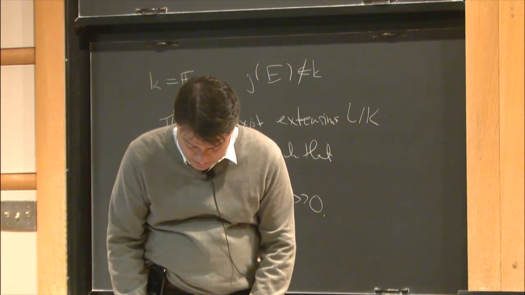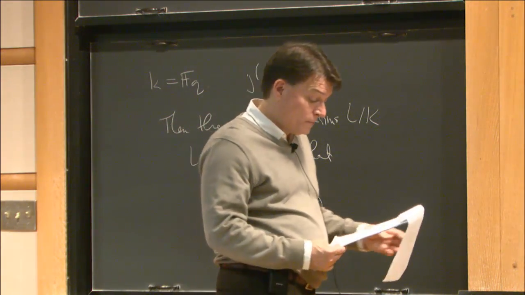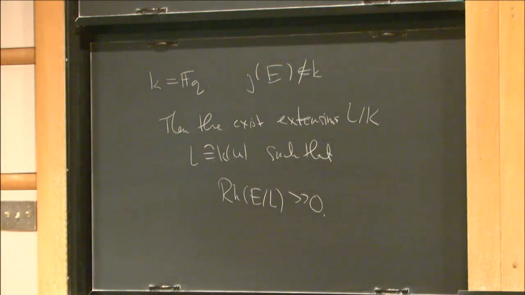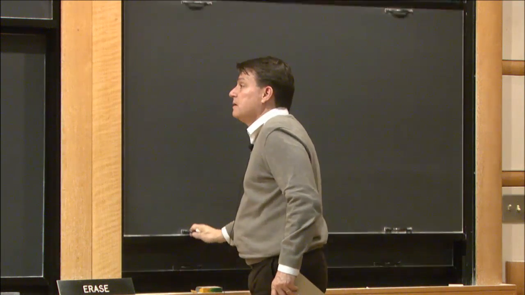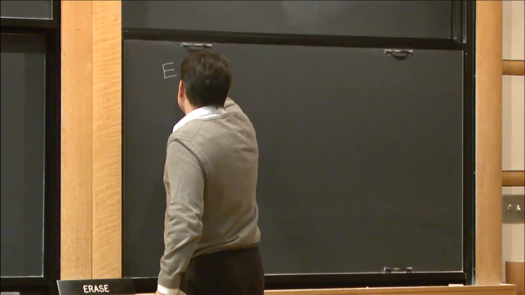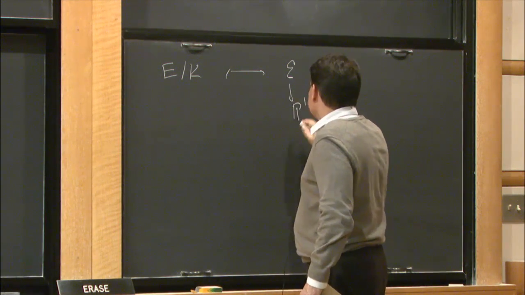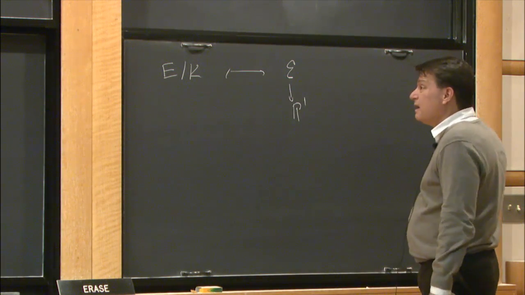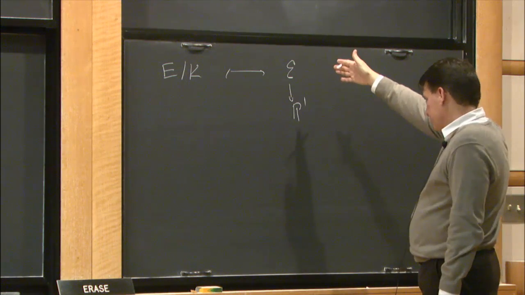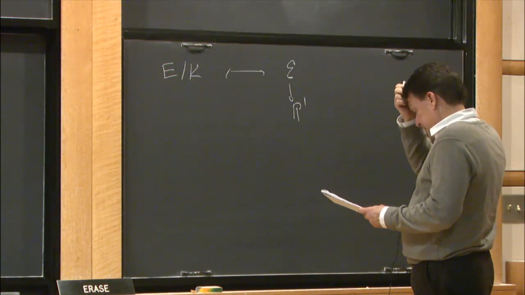OK, so let me translate the theorem just a little bit into a more algebraic geometry problem. My E over a function field corresponds to an elliptic surface over P1. This is the surface whose generic fiber is that elliptic curve. So this is a nice smooth projective surface equipped with a morphism to P1, whose generic fiber is that.